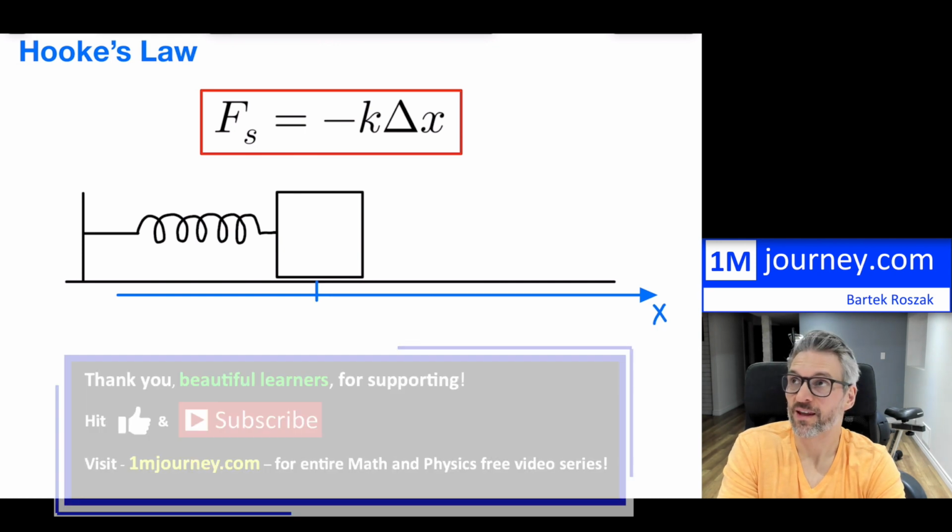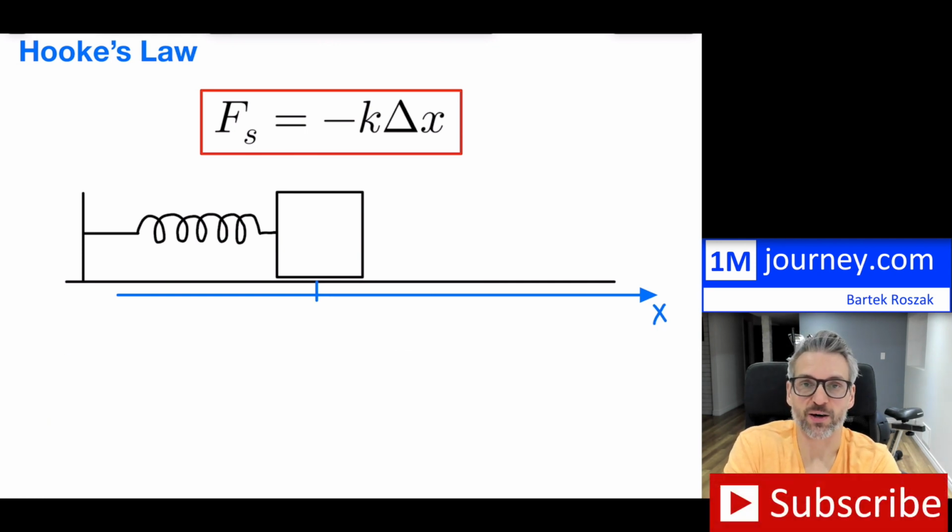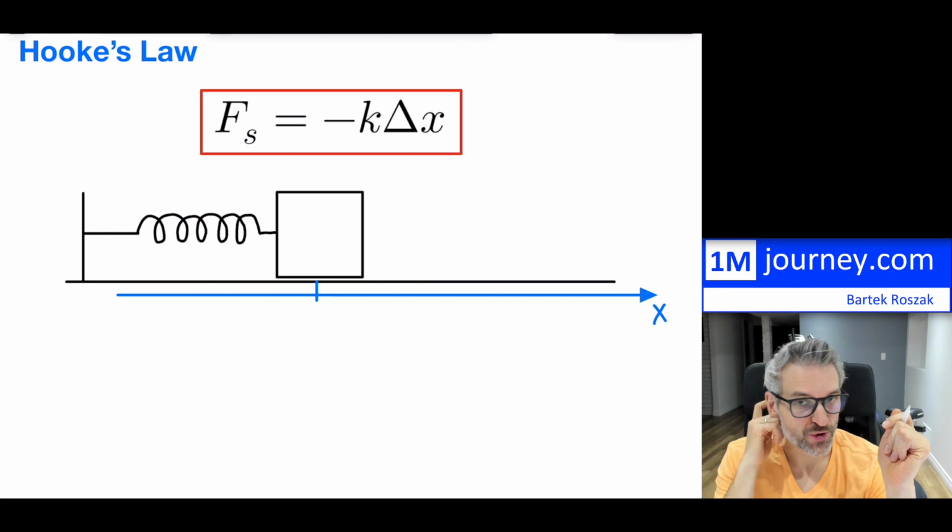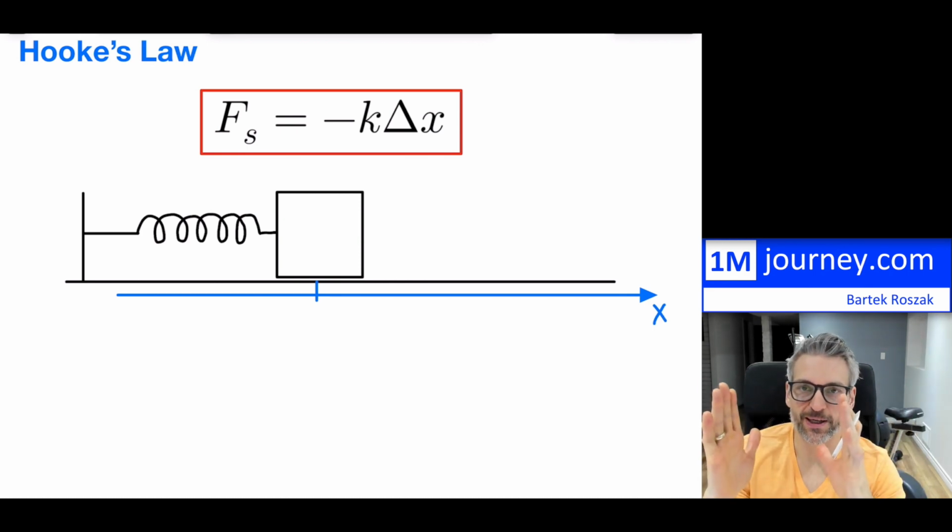Now in Hooke's Law, what happens is that if you attach, for example, any kind of a mass, it doesn't have to necessarily be a mass. If you just have a spring on its own and you start to compress it, you will have a sense that the spring wants to push back. It wants to return to its normal length.